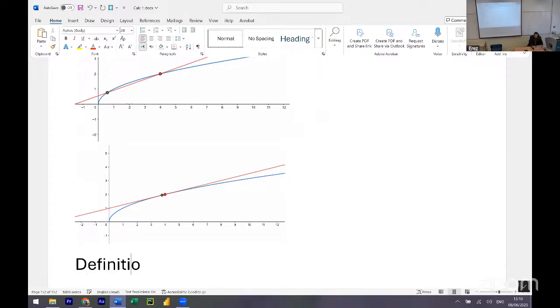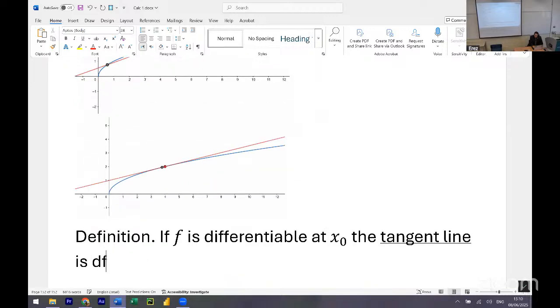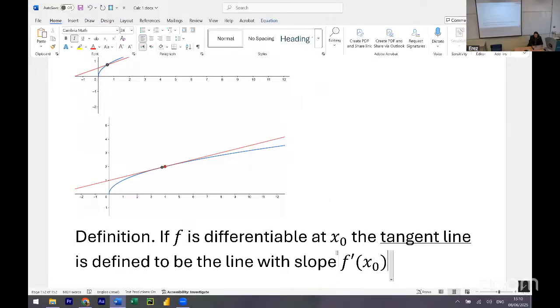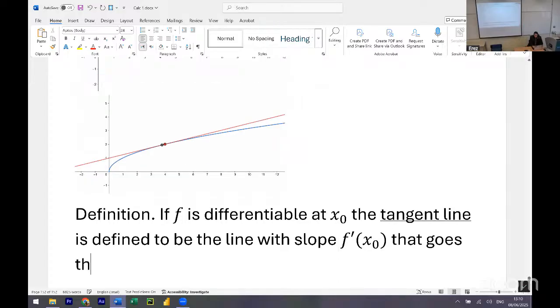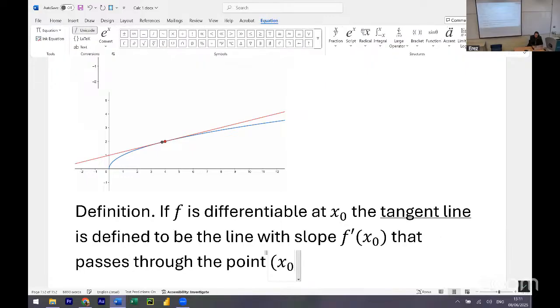By definition, well, I'll write it. And definition, if f is differentiable at x0, the tangent line is defined to be the line with slope, which is the derivative by the definition we gave above, that passes through the point x0, f of x0.